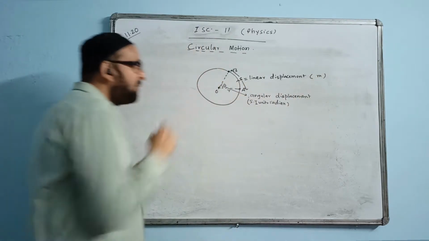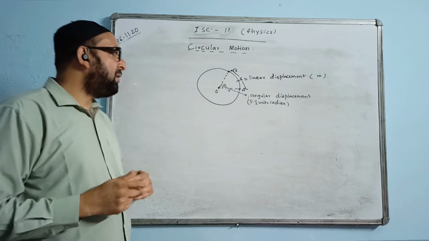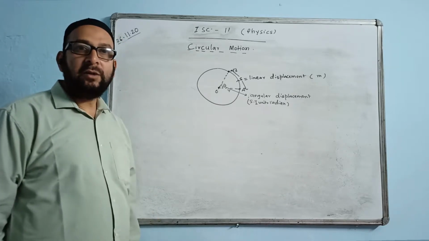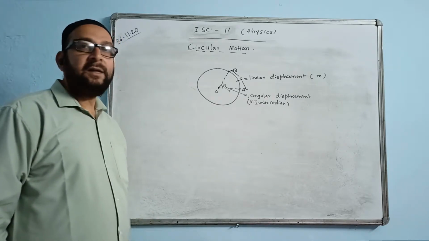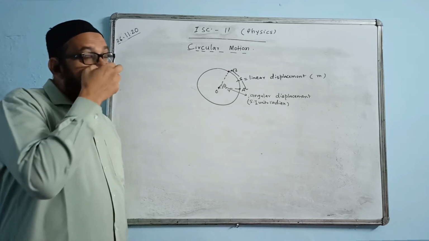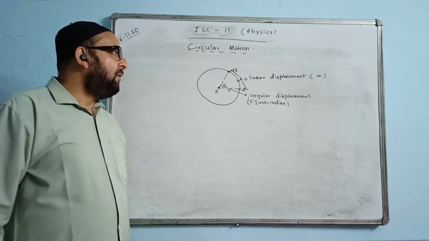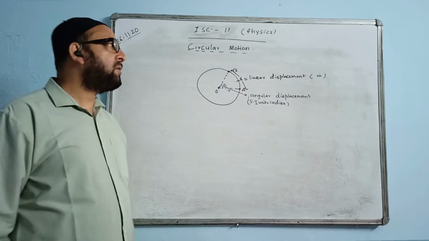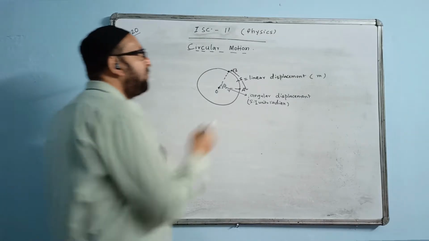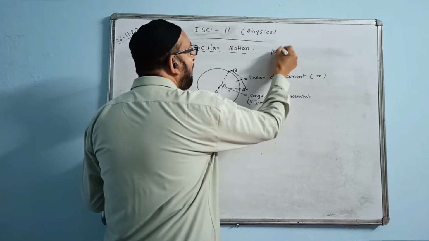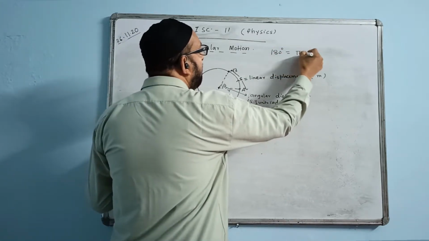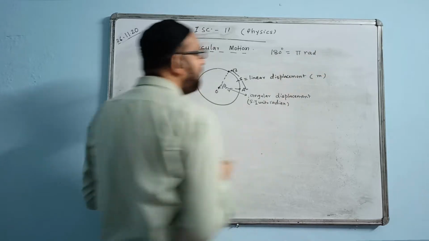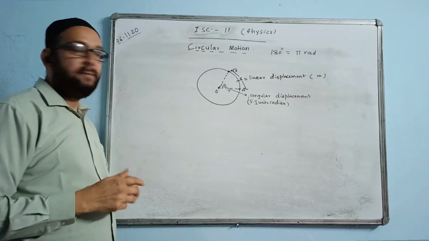Theta is measured in the unit called radian, rad. Actually, 180 degree is equal to pi radian. You will do this in maths also. Radian you can write in short as rad.